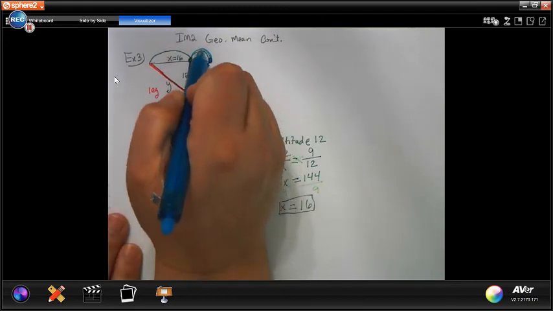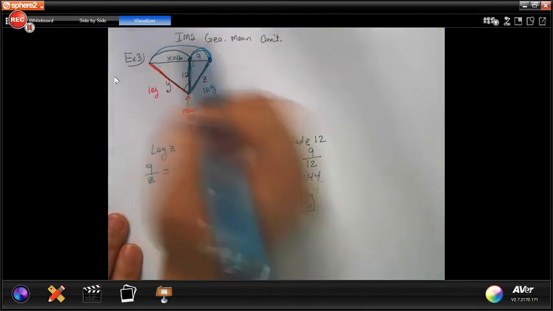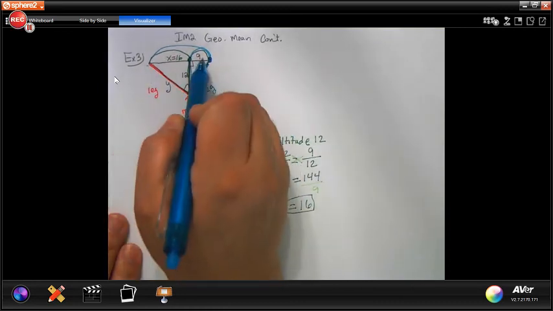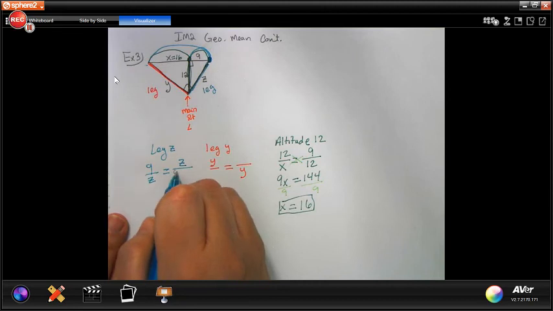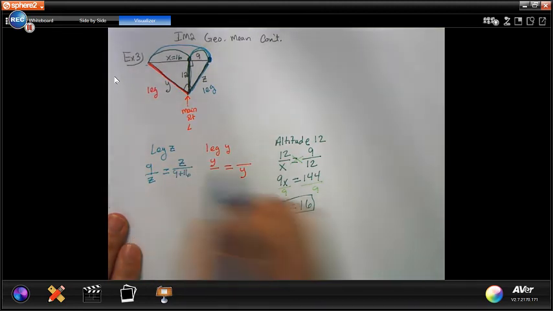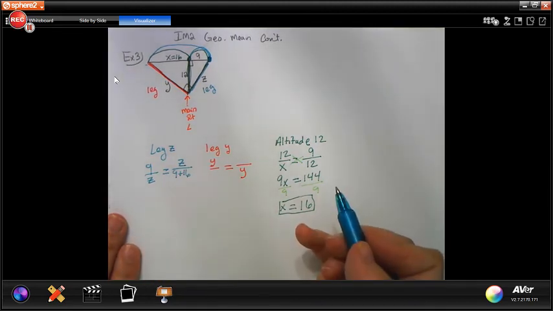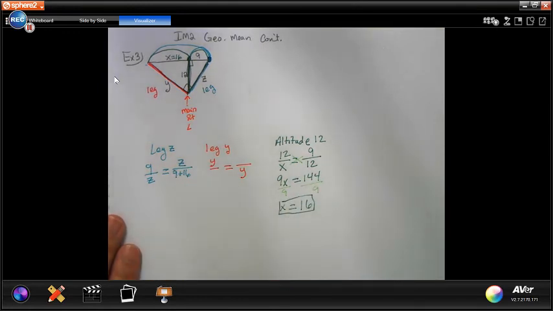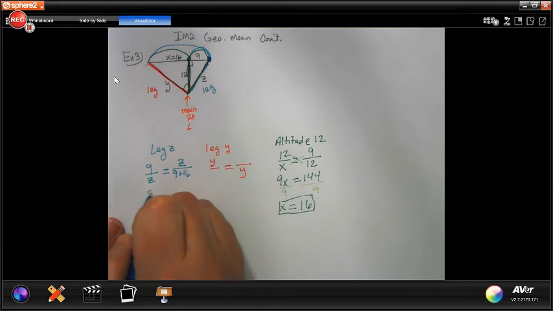And then I hop to the other end. That hop went all the way from z to the end. And that is 9 and 16. You add them. 9 plus 16 is 25. So I have 9 over z equals z over 25.